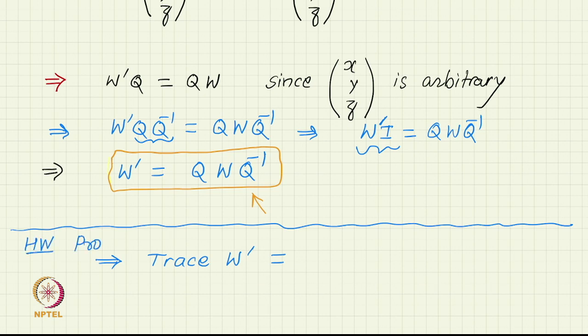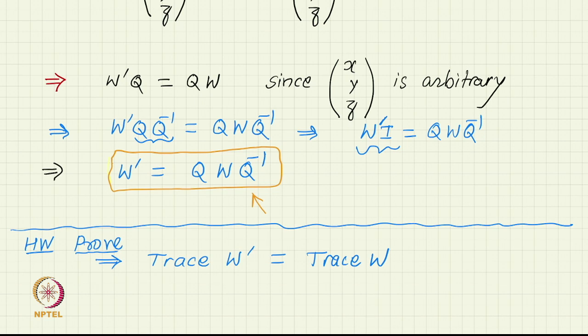You try as homework, but we will prove it in the next class anyway. So, trace W prime is equal to trace W, irrespective of whatever basis transformation Q is. Q will have no effect on the trace, it will cancel.